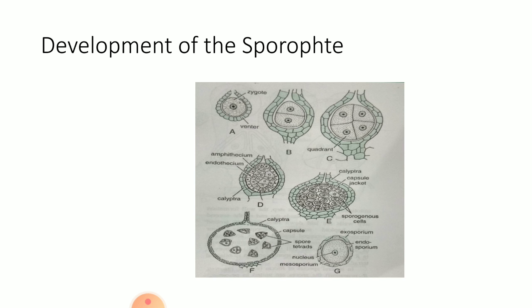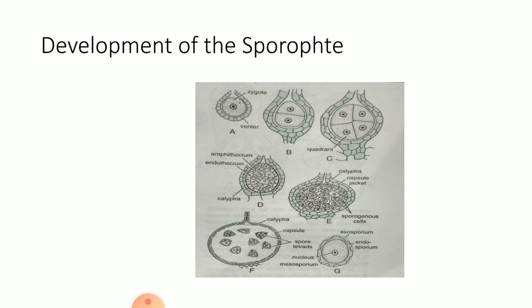Now the young sporogonium. Each of the outer cells of the undifferentiated spherical embryo divides by a periclinal wall. A single layer of the outer cells is separated from the inner central mass of cells. The outer one is called the amphithecium and the latter is called the endothecium.